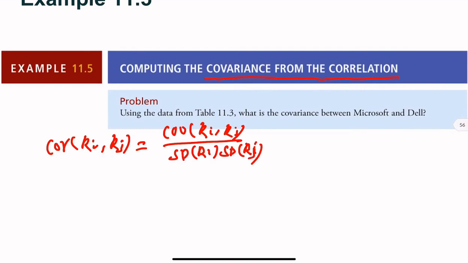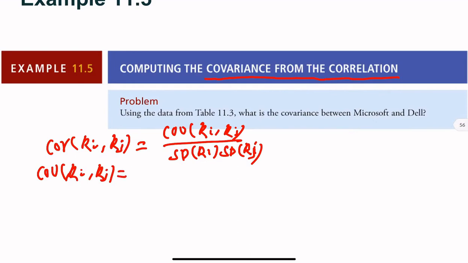Now, what does this tell you? Well, if you have covariance and standard deviation, you should be able to calculate correlation. But it also tells you that if you have correlation and standard deviation, you should be able to calculate covariance. This is very important because a lot of problems in this course will rely on this result.